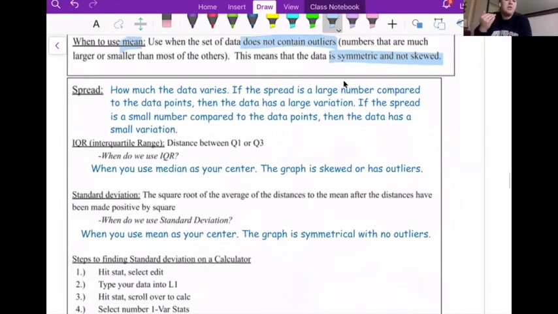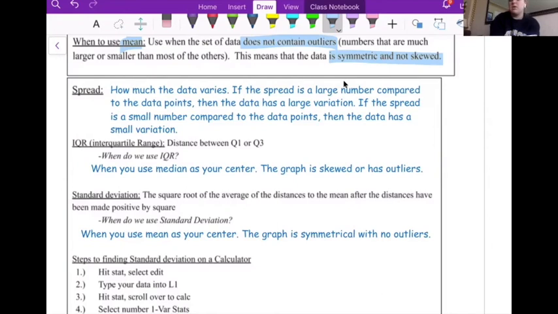Then we look at the spread. The spread is how much the data varies. If the spread is a large number compared to the data point, then the data has a large variation. If the spread is a small number compared to the data points, then we have a small variation.